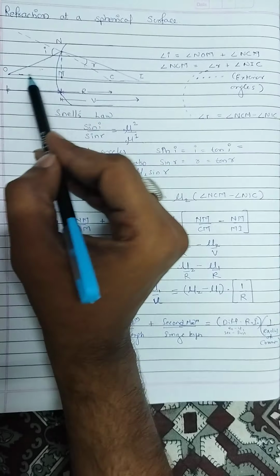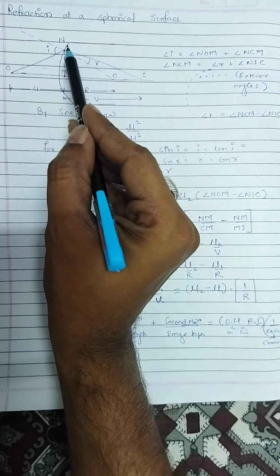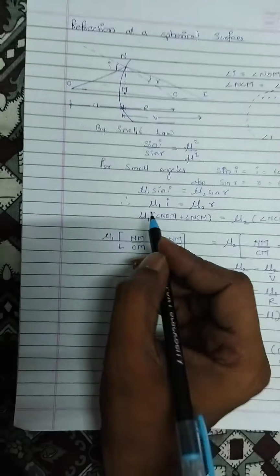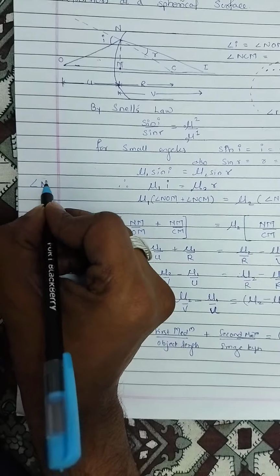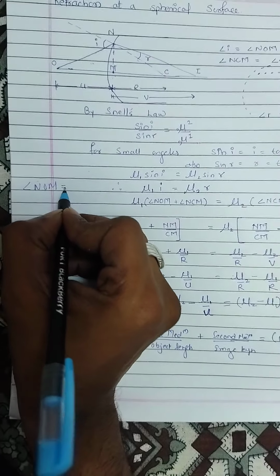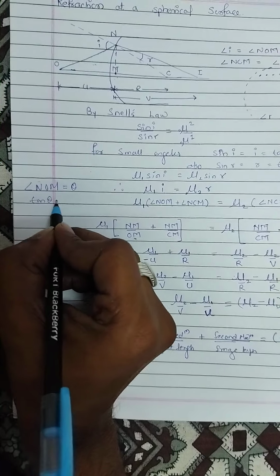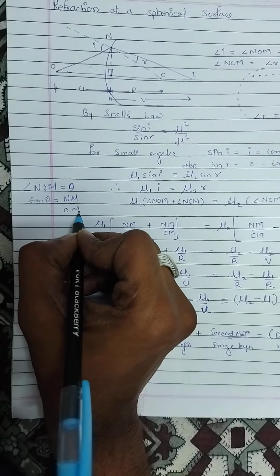Instead of writing angle NOM, what does angle NOM mean? Angle theta, which equals opposite upon adjacent, that is NM upon OM. We can write angle NOM equals theta, which is also tan theta, which equals NM upon OM.